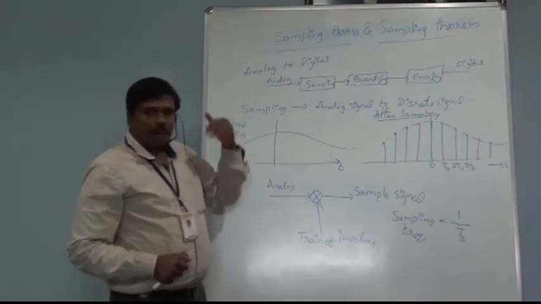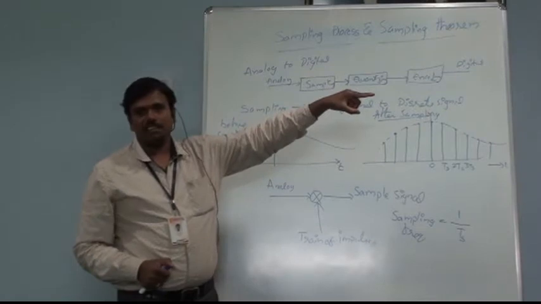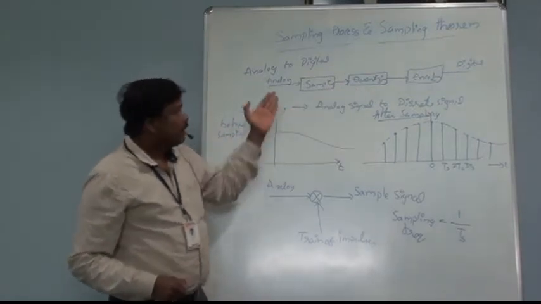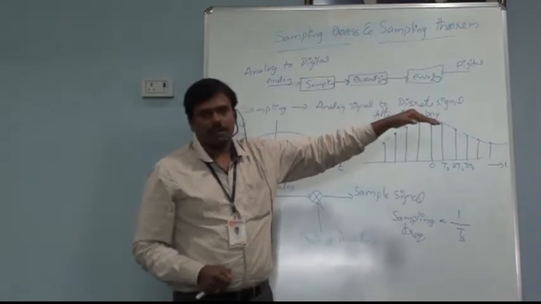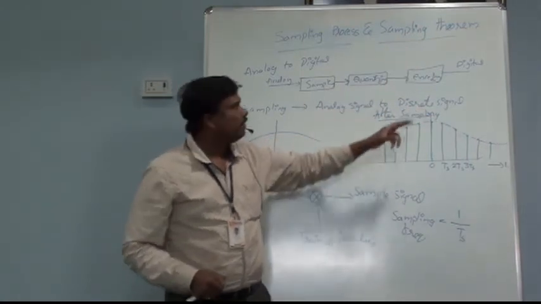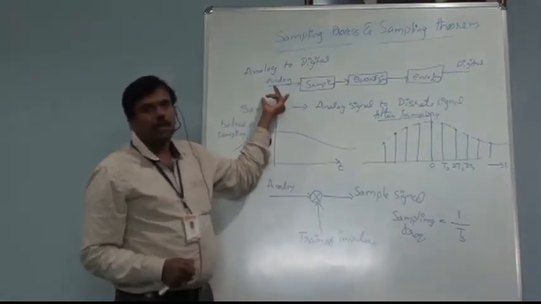That is, our required signal is, we want to send the analog information to the receiver side, not digital. But we are sending the digital information to the receiver. So at the receiver side, we will be having digital information. But what we want to transmit is analog information.